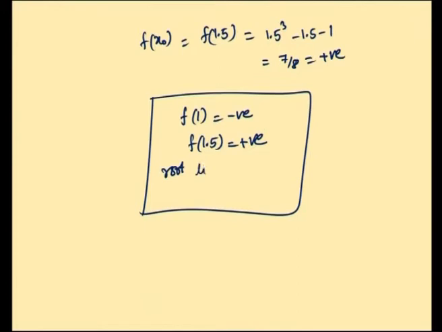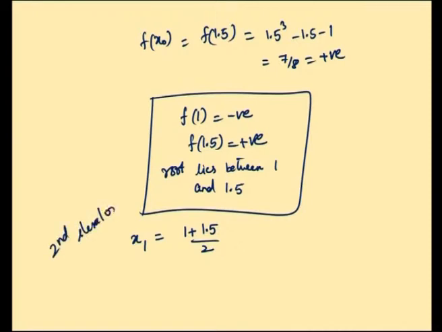So, we are just going closer to the root. So, root lies between 1 and 1.5. Then we have to take x1. x1 is equal to 1 plus 1.5 divided by 2. This is the second iteration. 1 plus 1.5 by 2 gives you 1.25.